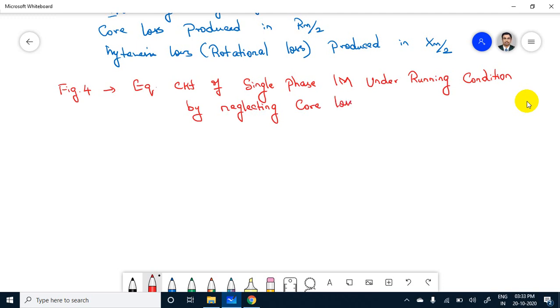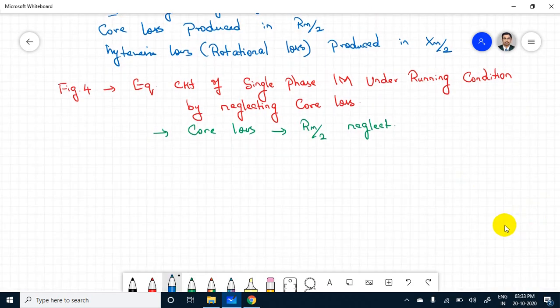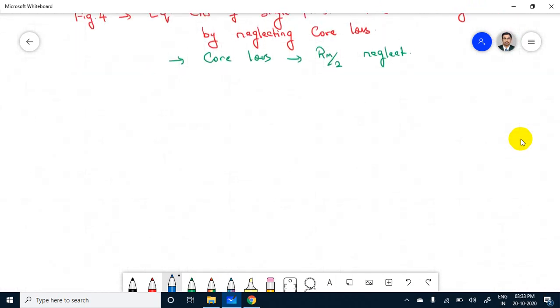The other name of core loss is copper loss. Okay, what you have to neglect? We know that core loss means Rm by 2; we have to neglect. So the diagram which we are going to draw is without core loss.